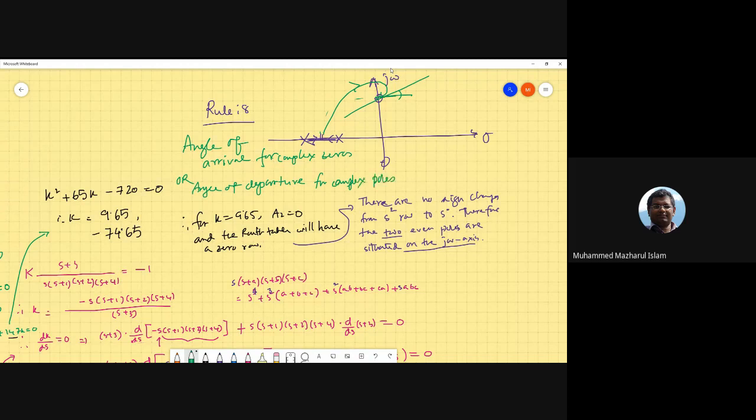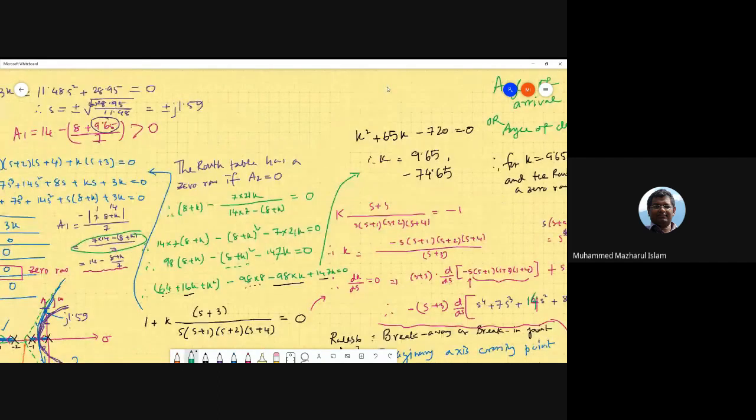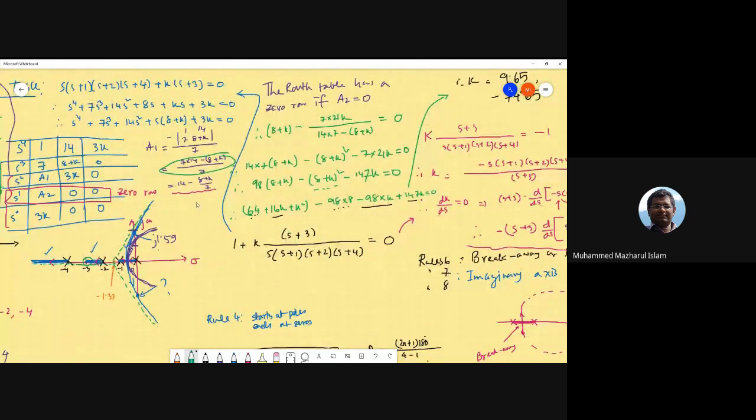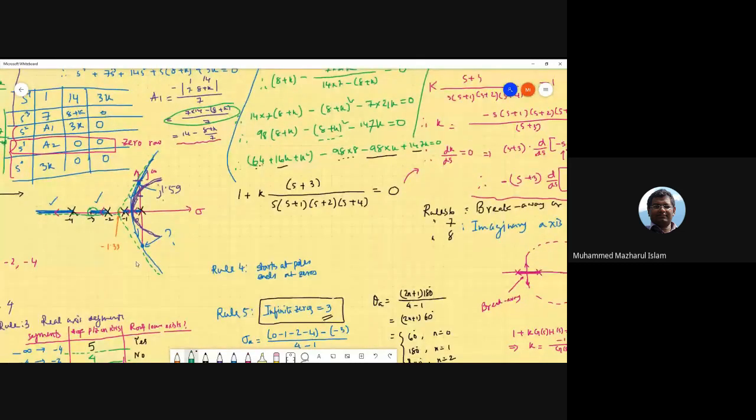Again, not all root loci will have complex poles and complex zeros. Therefore, you don't need to utilize rule 8 for all kinds of root locus. For example, in this case, we don't have any complex poles or zeros, so you don't need rule 8 for this system.